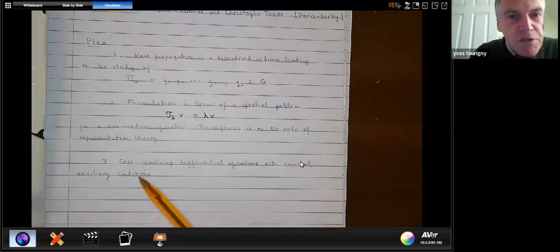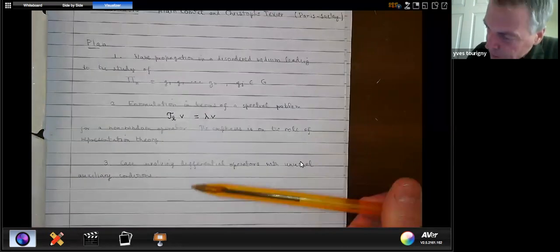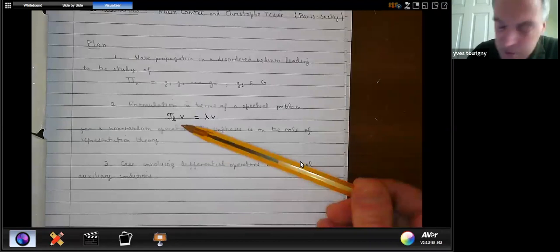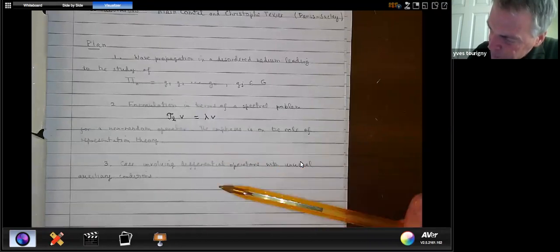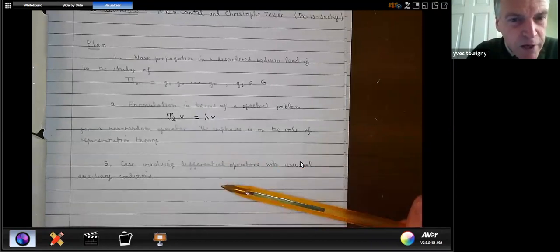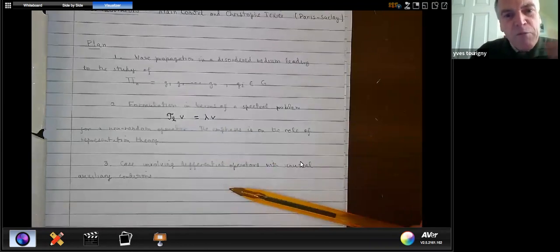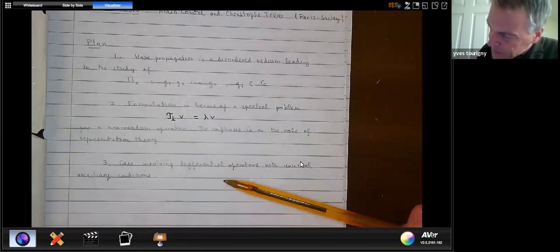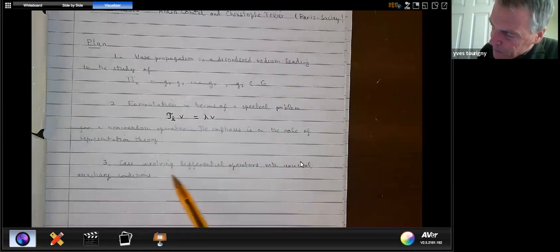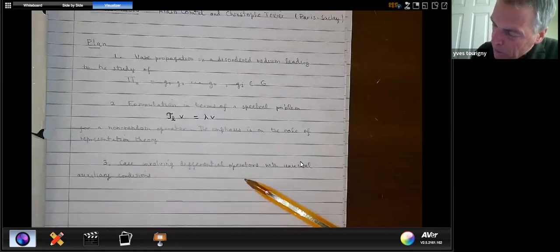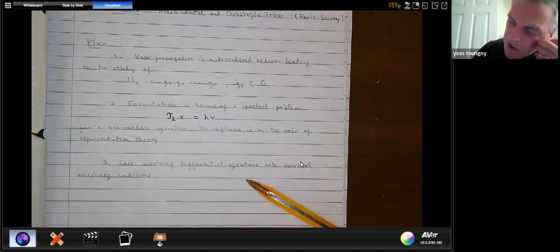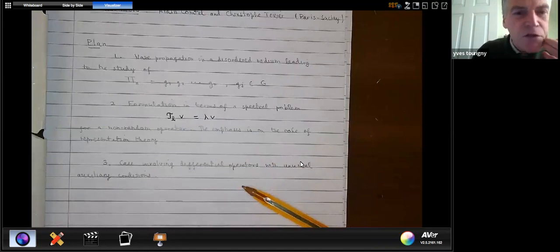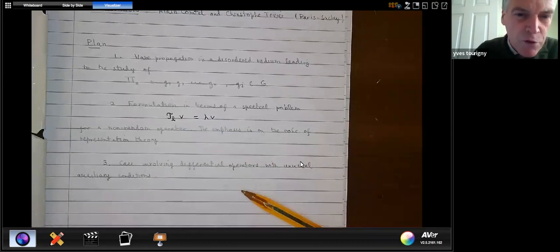So in order to gain some insight into what we can expect from an operator like this, I'm going to consider some specific cases where we have more information about it. In these cases, we can express this operator in terms of more familiar differential operators.